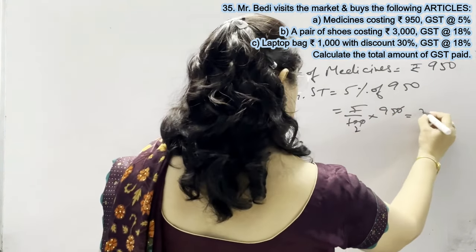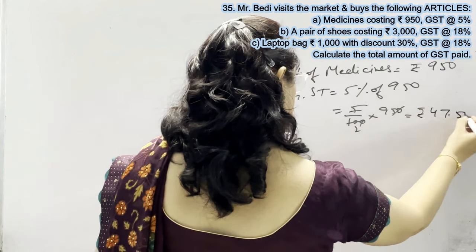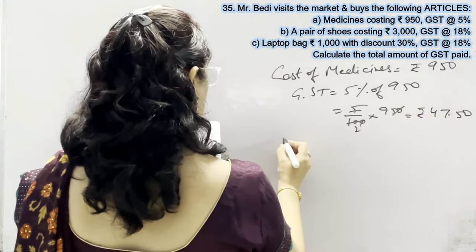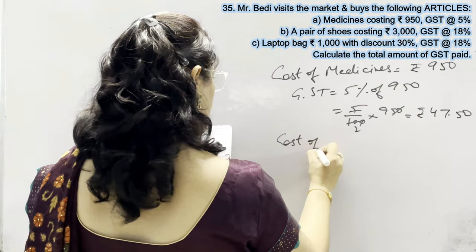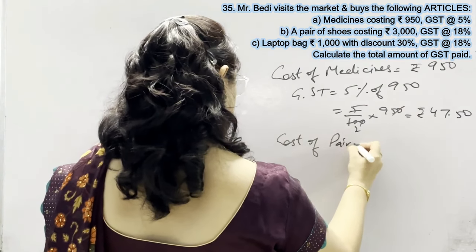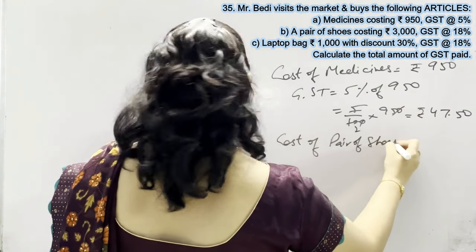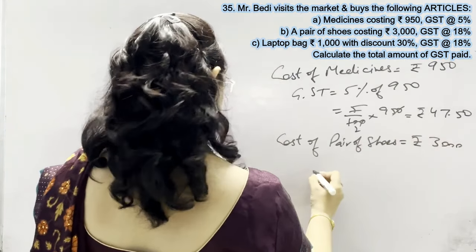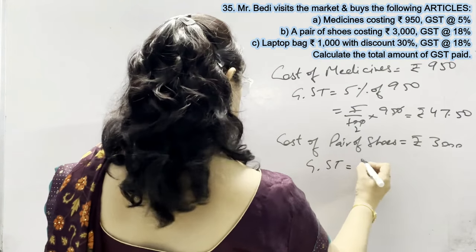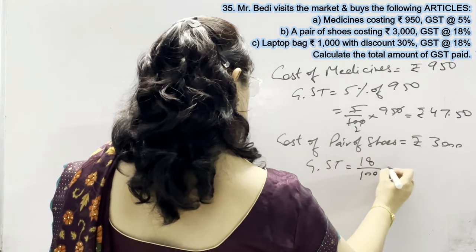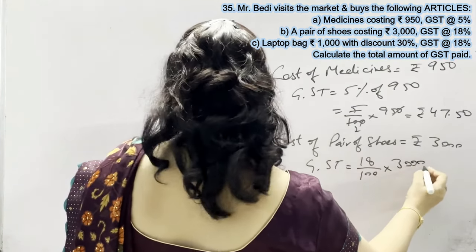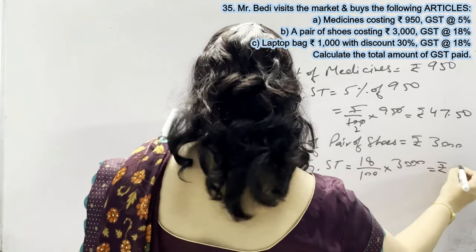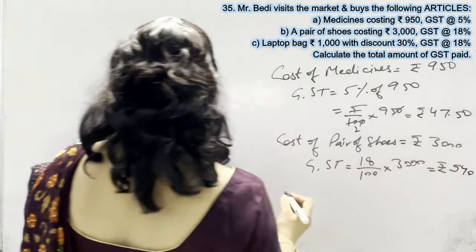So value comes out to be rupees 47.50. Now cost of pair of shoes is rupees 3000. Then amount of GST paid is 18%. So 18 upon 100 into 3000, it means rupees 540.